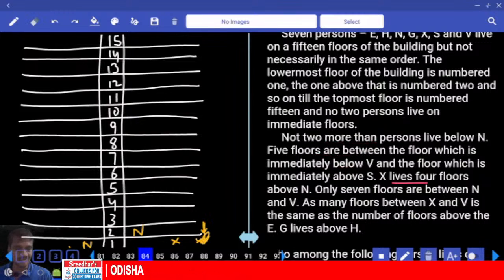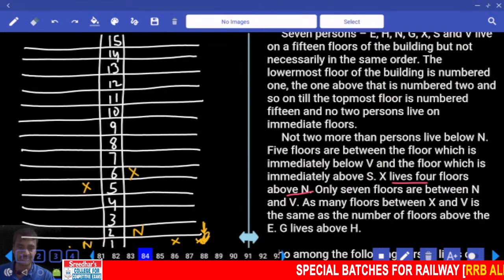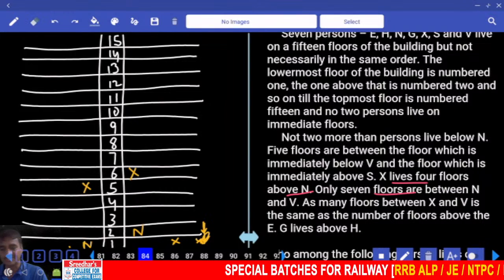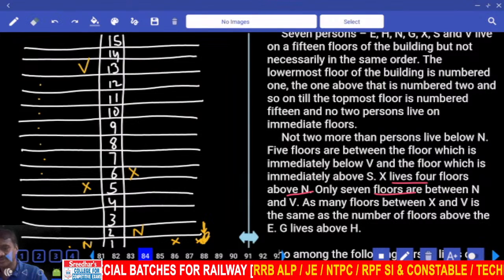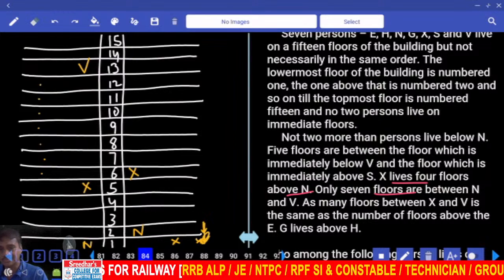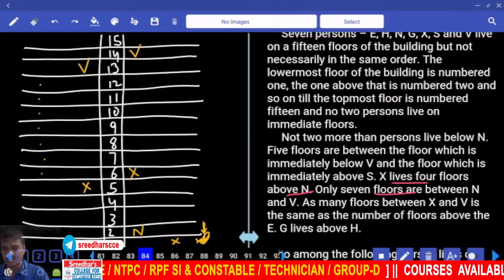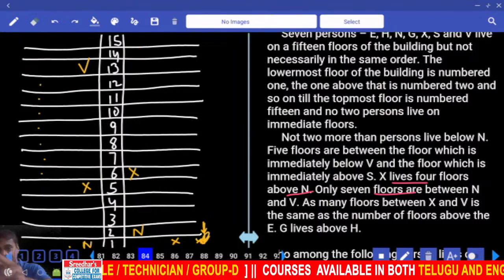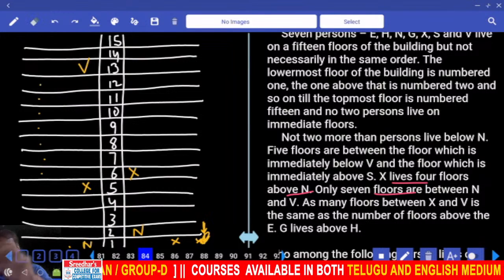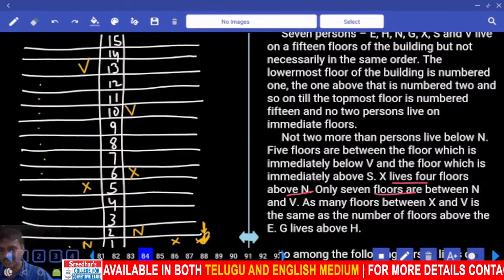Then X lives floors above N. 1, 2, 3, X is 4 floors above N. Only 7 in between N and V: 1, 2, 3, 4, 5, 6, 7. And V must be on the 10th floor.